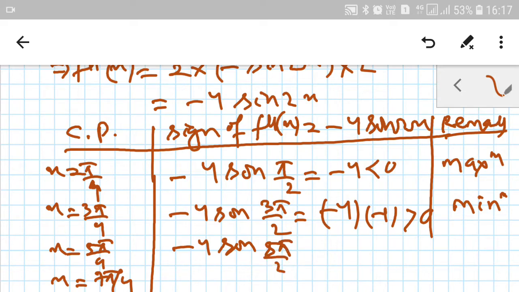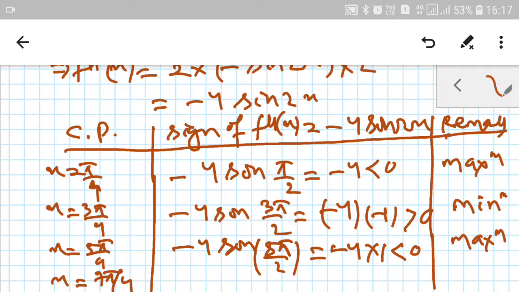Next it is at 5 pi by 4, negative 4 sin 5 pi by 2. As you know, pi by 2 and 5 pi by 2 differ only by 2 pi. As I have told you already in 11th standard, at each interval of 2 pi the value repeats. So I will write minus 4 into 1, which is less than 0, and if it is less than 0, then it is a point of maxima.